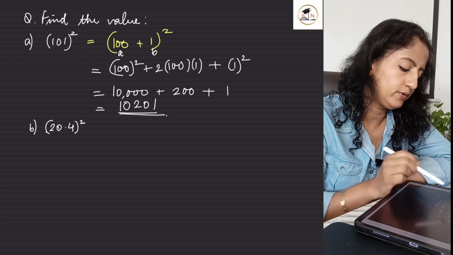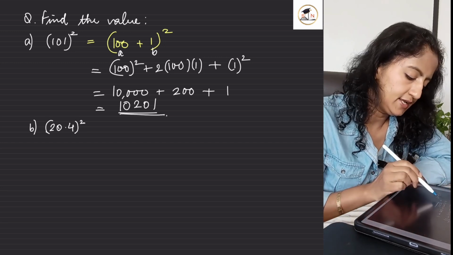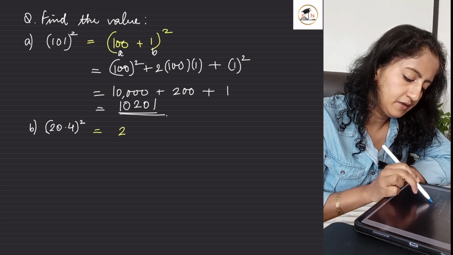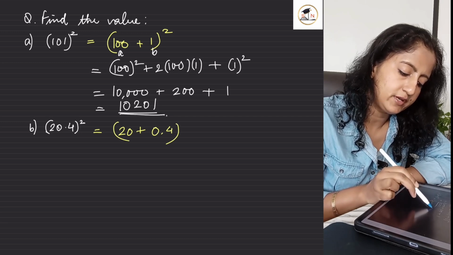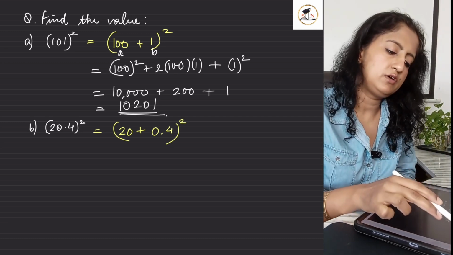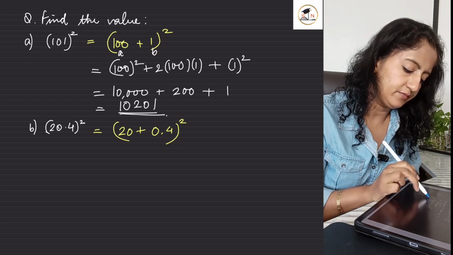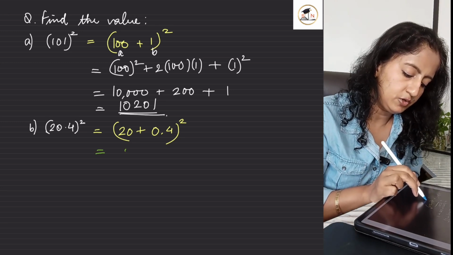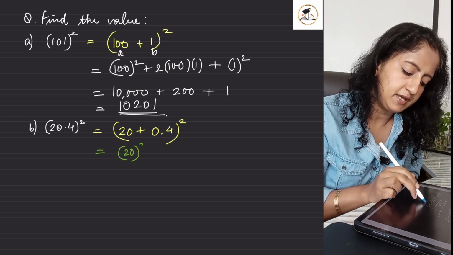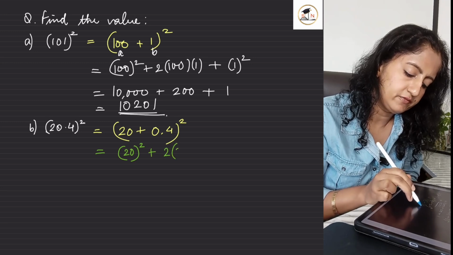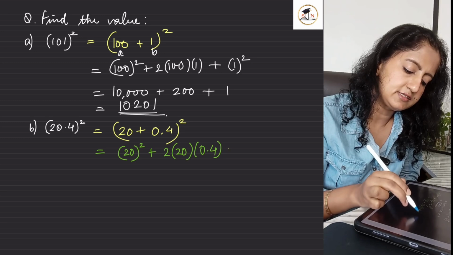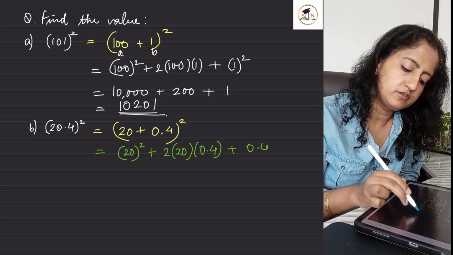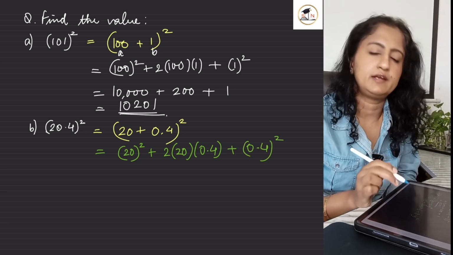So over here, we can break it as 20 plus 0.4. Outside it's a square, right? Now applying the identity, it gives me 20 square plus 2 times 20 times 0.4 plus 0.4 square, right?